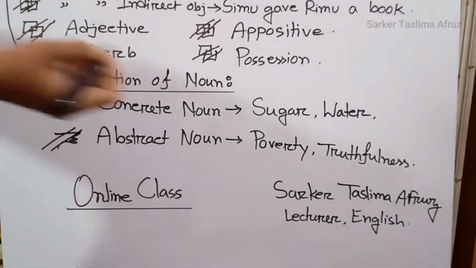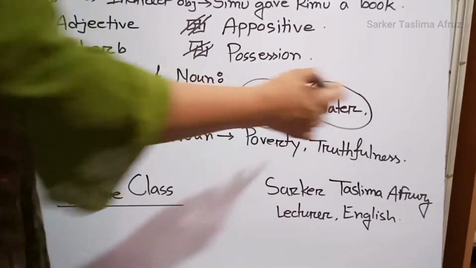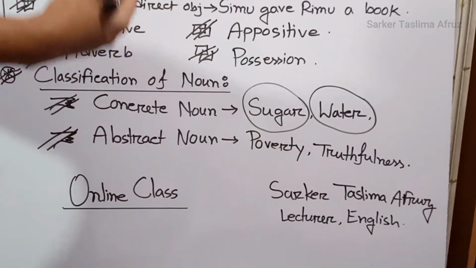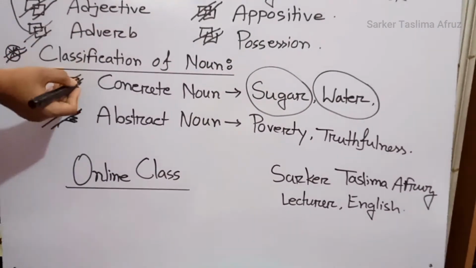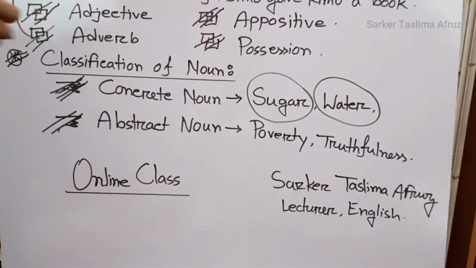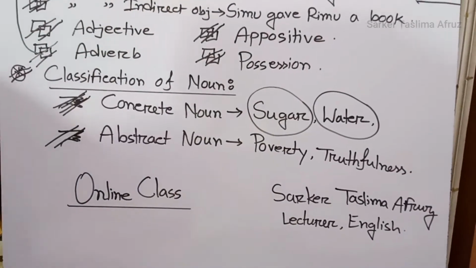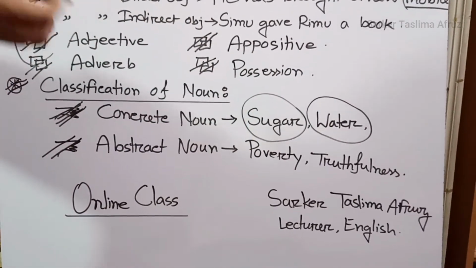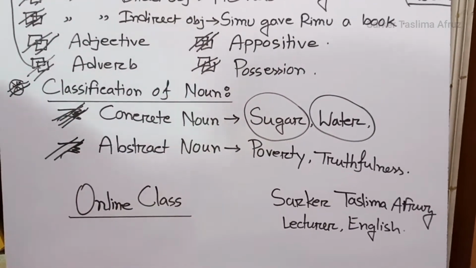You can see some examples like sugar, water. They have physical existence, and we can feel, touch, and smell them. So this is called concrete noun. I will talk about concrete noun and show you its functions and classification, which will also be discussed in right form of verbs.